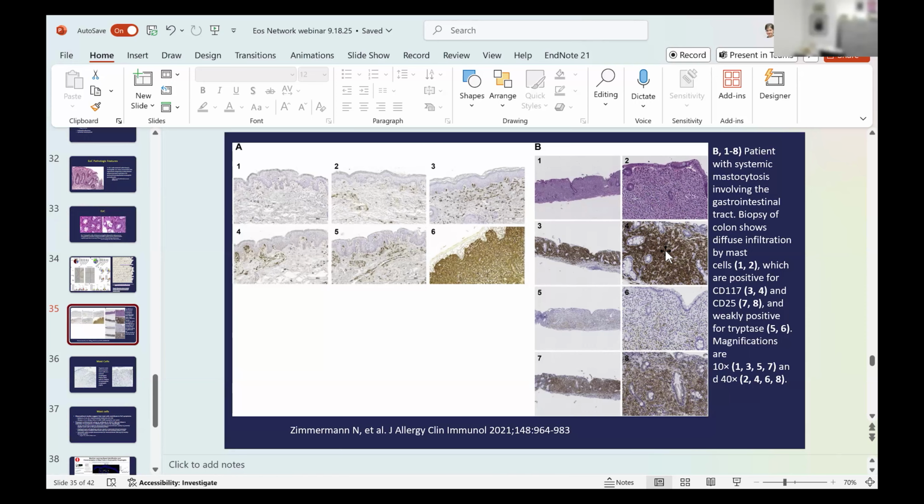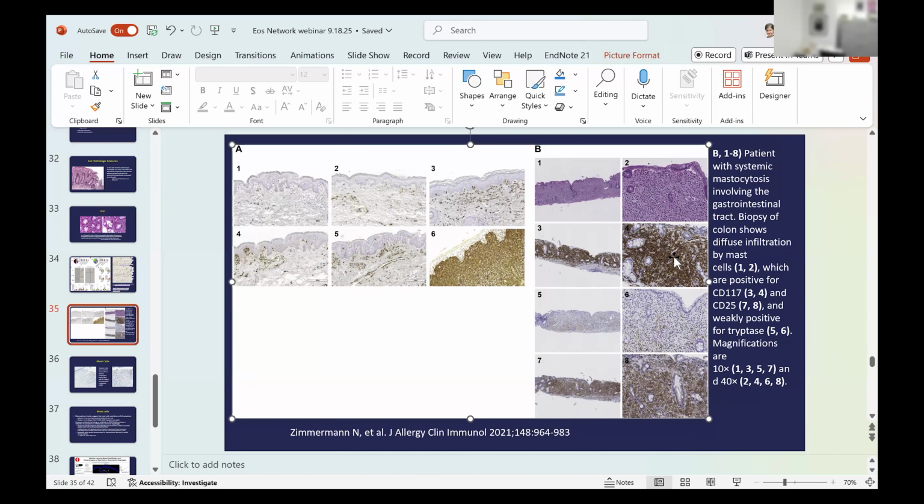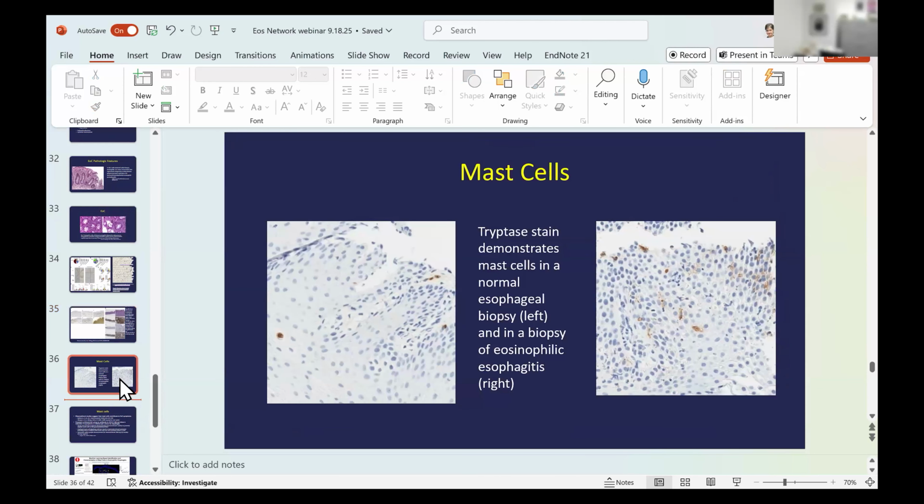And here there's a stain for mast cells, CD117 it's called. Here is a tryptase, which is more specific than that. And here is a stain that stains only abnormal mast cells.